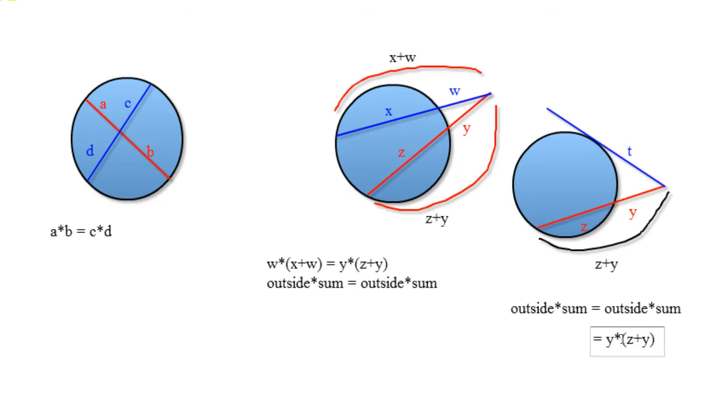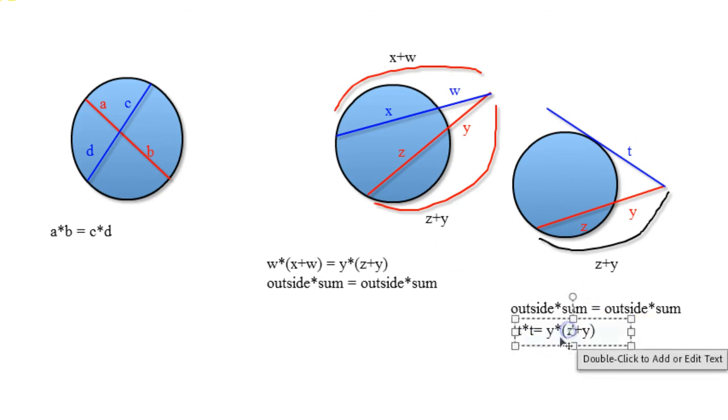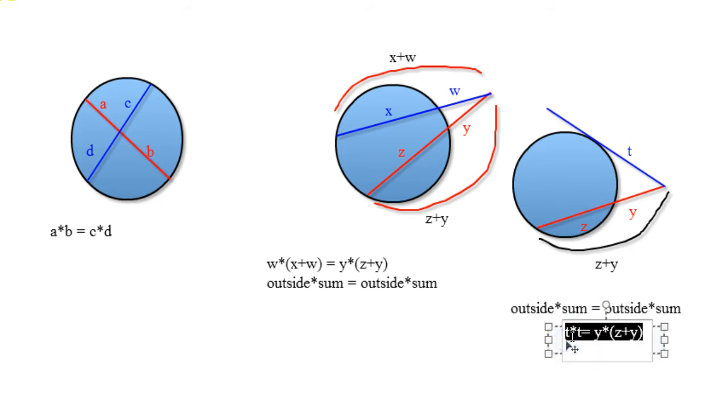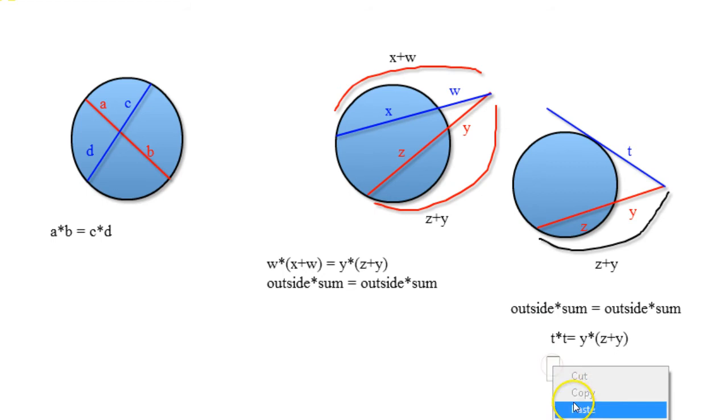But the other side is going to be harder to see. It's actually going to be t times the totality, which is t. And that would just turn into t squared. So that's where that idea actually comes from.